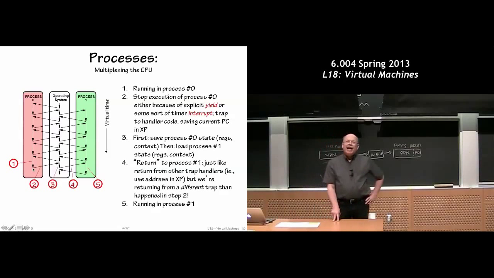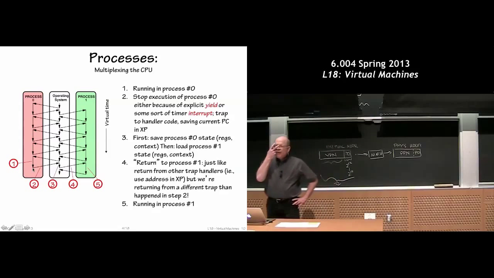Either it goes off and asks the kernel to do something, say get me another byte from the file, or perhaps a hardware timer goes off saying your time is up, ding, and your fraction of a second that you get to use the CPU is up, and I'm going to interrupt the running of this process. We'll talk about how interrupts work at the hardware level in just a second. But there's some way of basically suspending execution of that process.